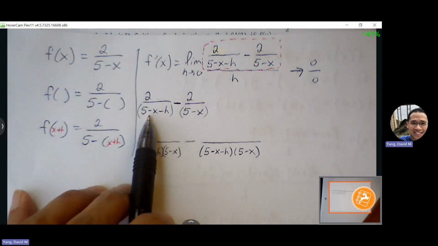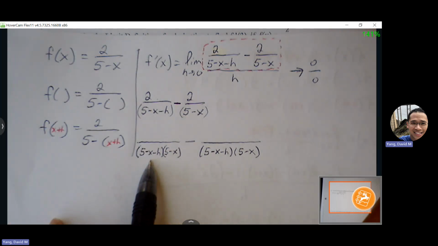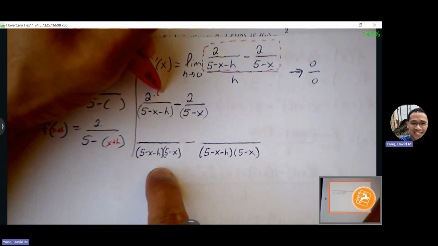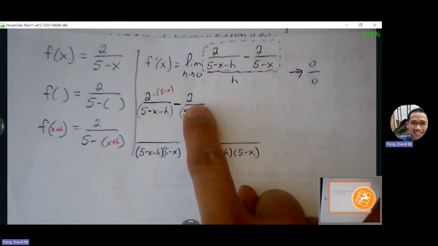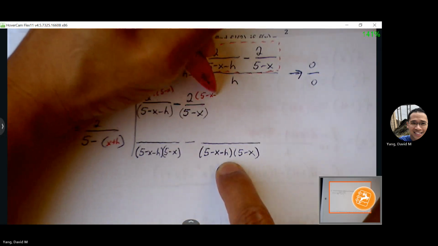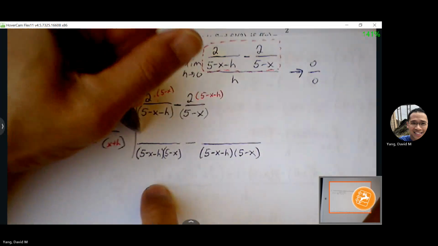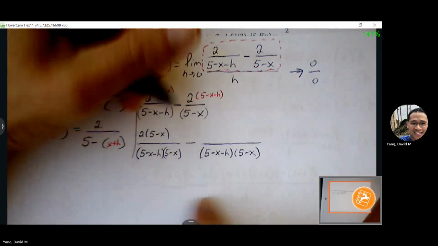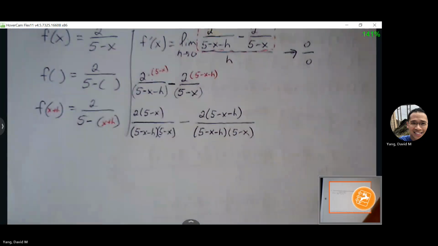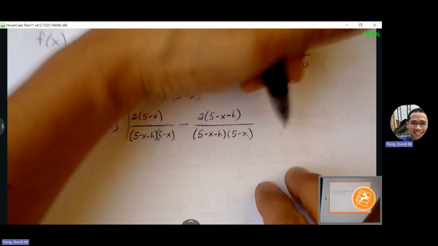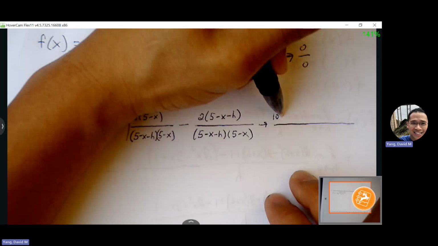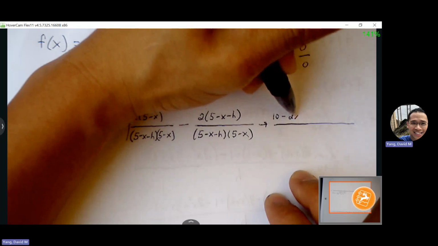So what is this fraction missing compared to this updated common denominator fraction? It's missing a 5 minus x. So I need to multiply the top by 5 minus x. And this one is missing, yeah. So now we're going to clean all this up. So 10 minus 2x.